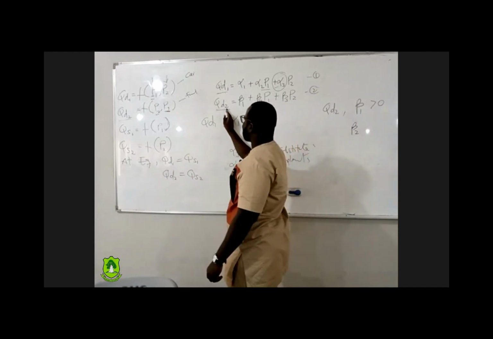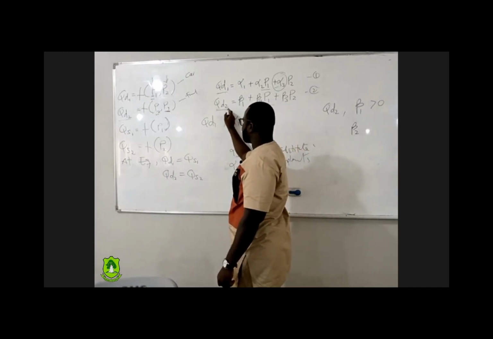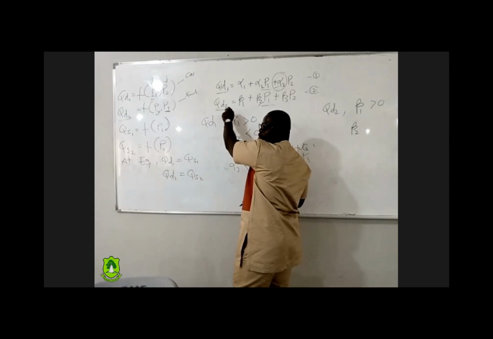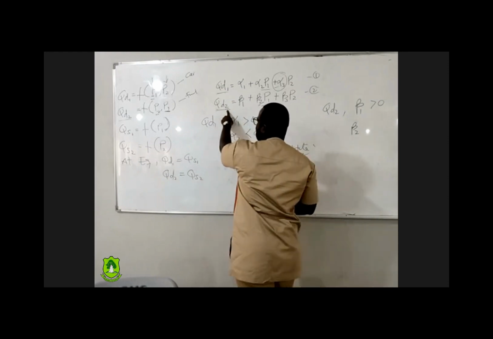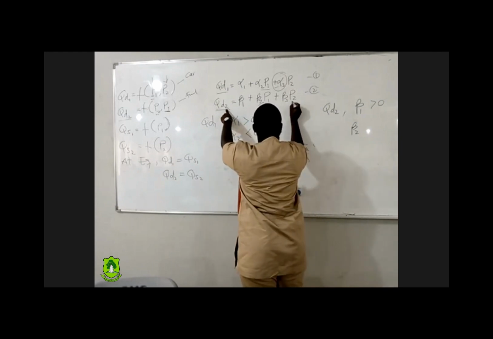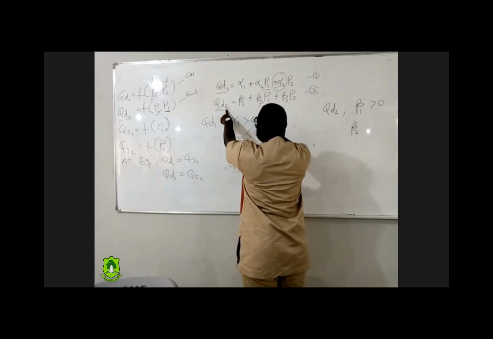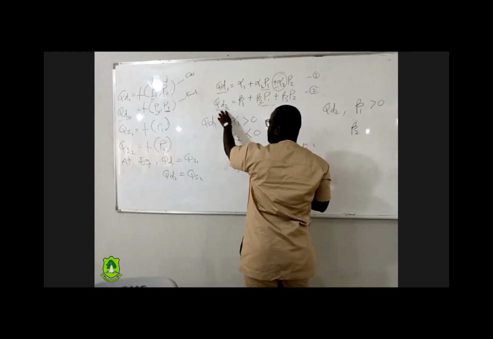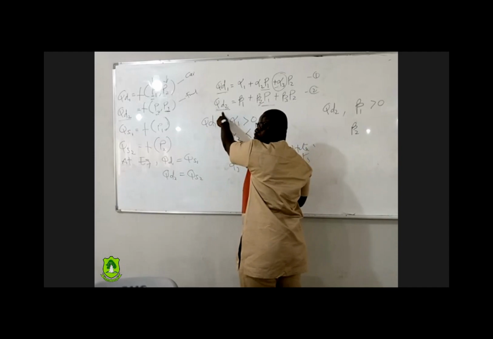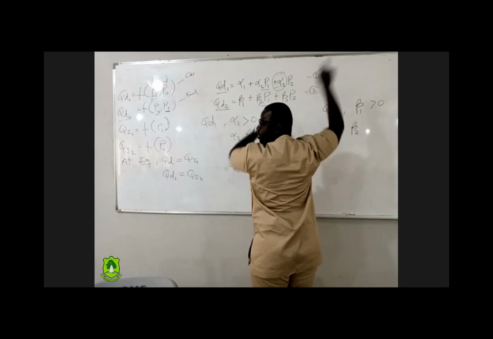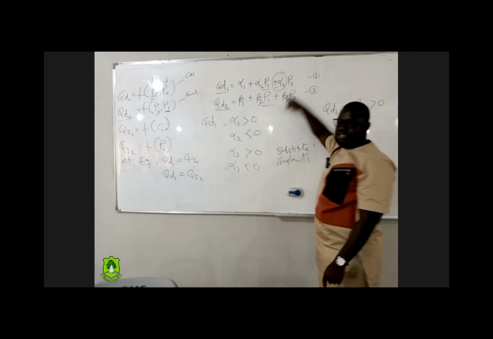Remember, we are looking at demand for good 2. So we should be focusing on the price for that particular good, and that price should be price 2. But we are still not here, we are still here. But remember, we are looking at price of related good. How much will we demand for good 2 if the price of other related good changes?